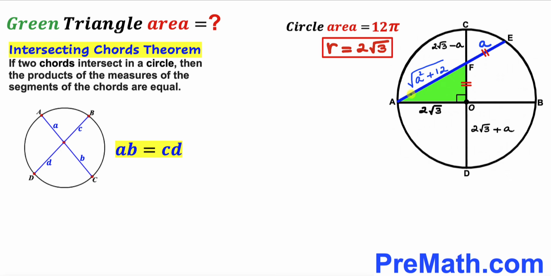And here we can see we got these two chords AE and CD, and they intersect each other at this point F. And as a result, we end up with these segments CF and FD, this segment AF and this segment EF. So therefore, we could multiply these two segments equal to this times this segment.